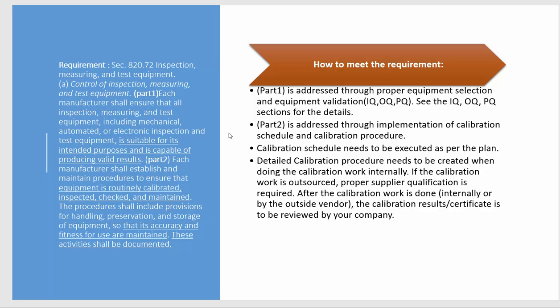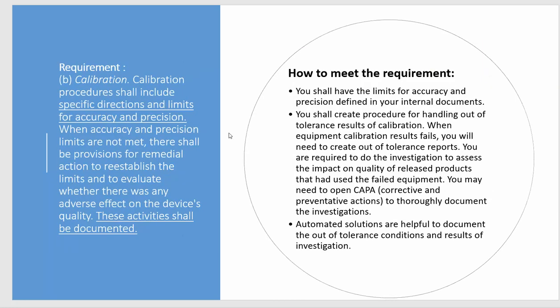You have to make sure those service providers are properly qualified as per your supplier qualification procedure. When you get the calibration results or certificate from outside vendors, you have to review it and make sure it meets your internal requirements for accuracy and precision of those equipment.